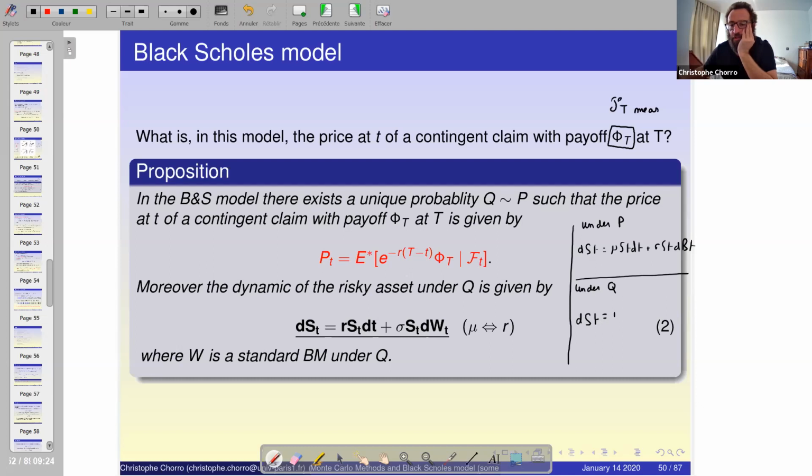It is this one: r S_t dt plus sigma S_t dW_t, where W is a Brownian motion under Q.